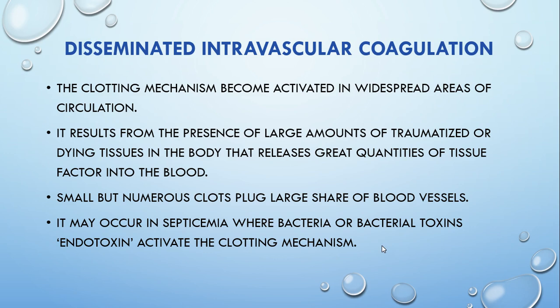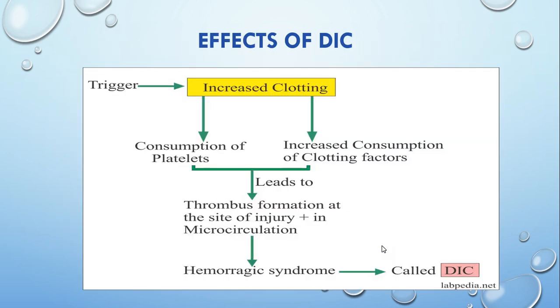It may occur in septicemia, where bacteria or bacterial toxin such as endotoxin activate the clotting mechanisms. The bleeding occurs as a result of consumption of platelets and increased consumption of clotting factors.